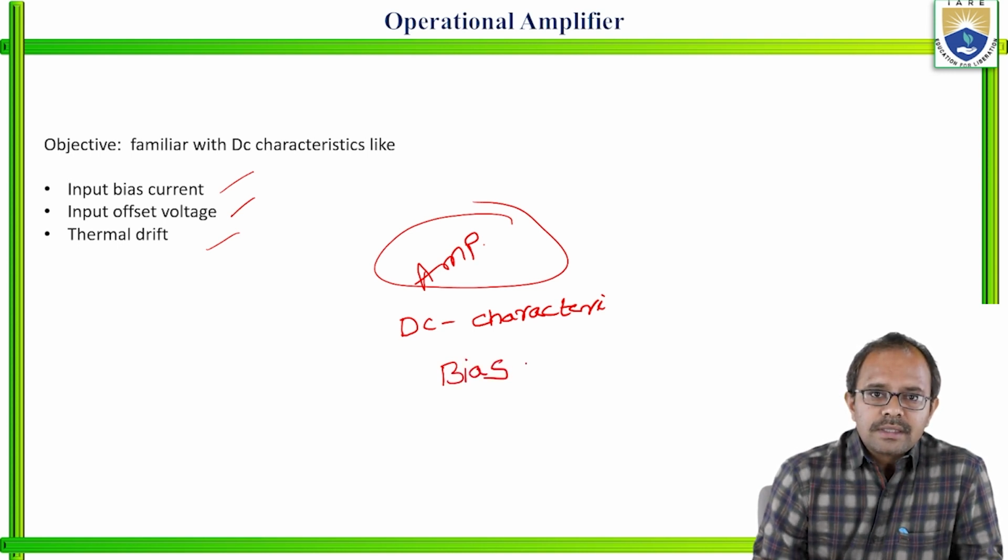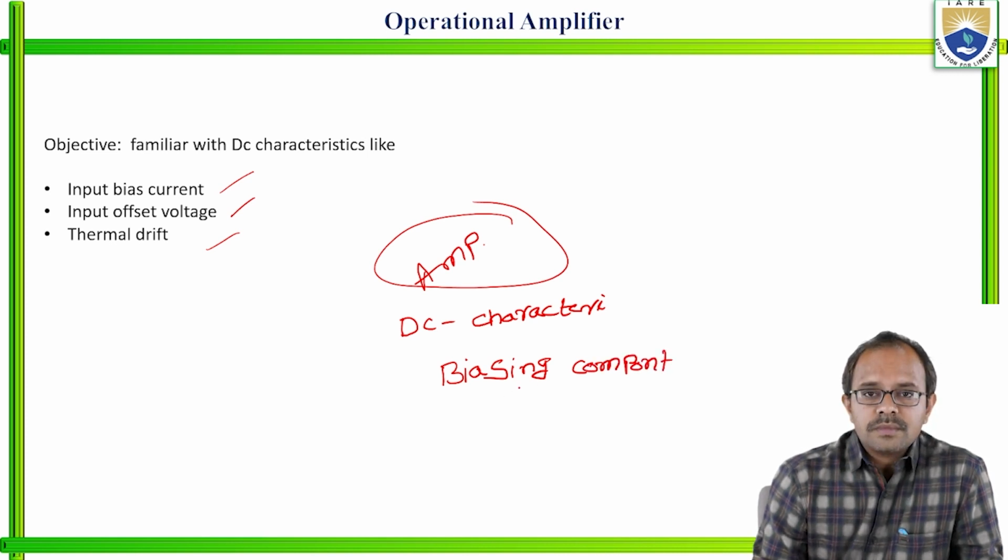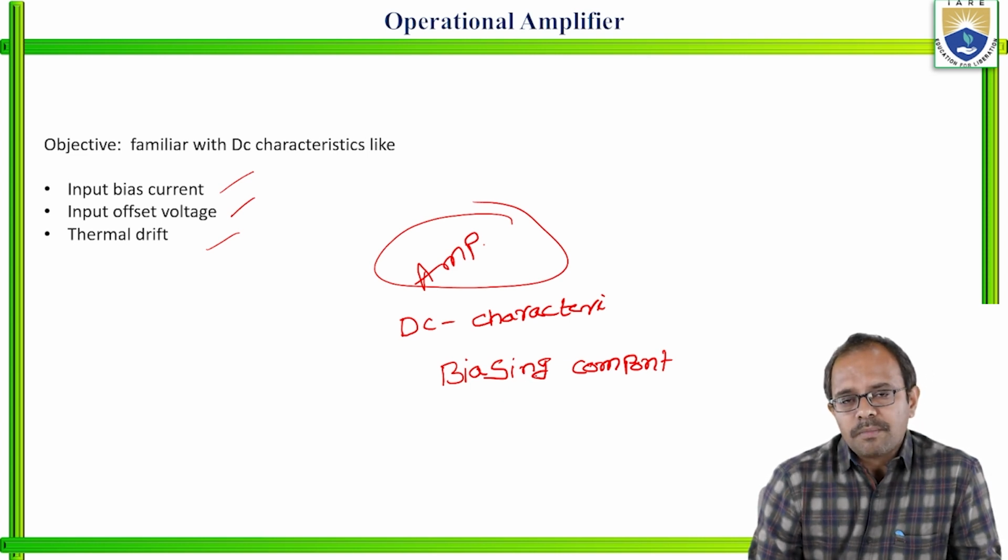That is, the biasing components present in the circuit are nothing but the DC parameters. What are the biasing components?